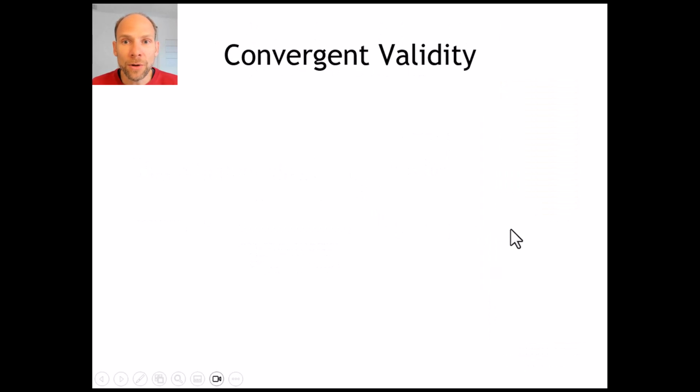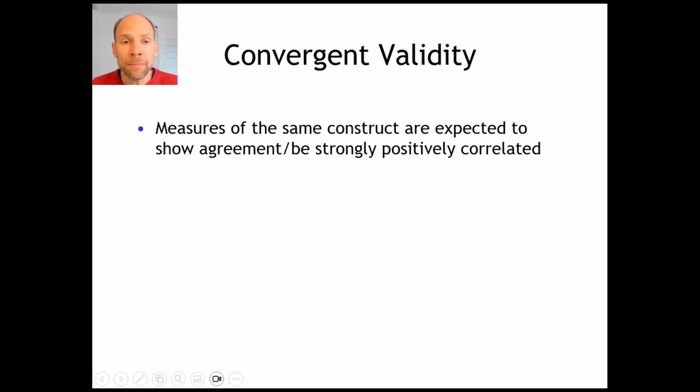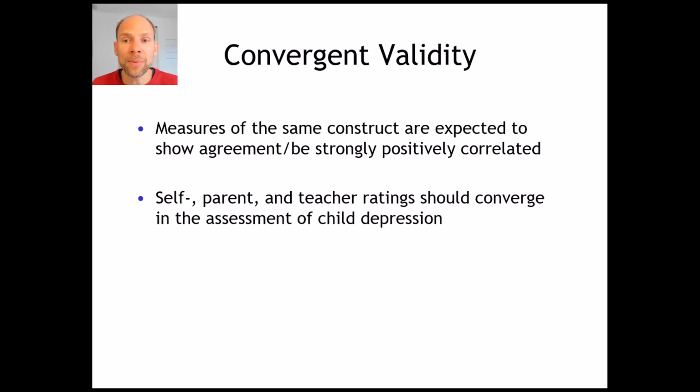So what is convergent validity? Convergent validity means that measures of the same construct are expected to show agreement, or more technically speaking, that they should be highly positively correlated. For example, when you measure depression in children by child self-reports, parent reports, and teacher reports, then there should be a substantial correlation between self, parent, and teacher ratings of depression.